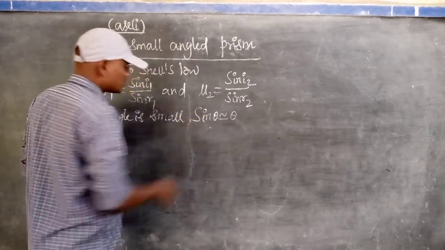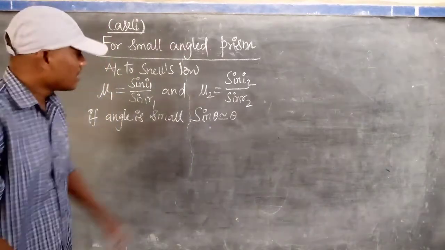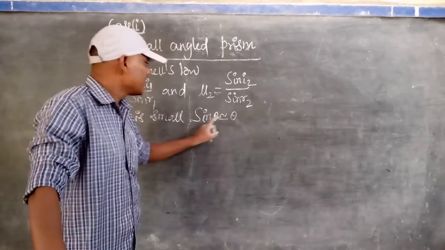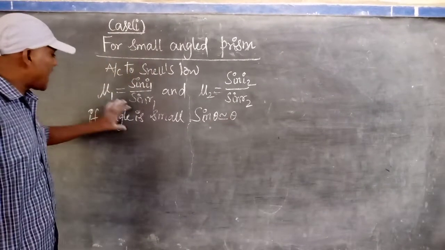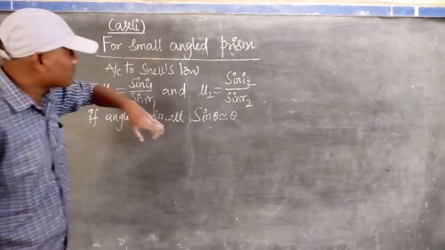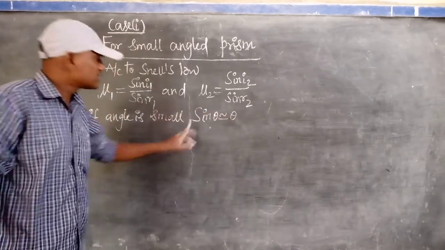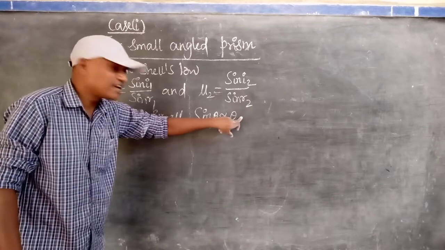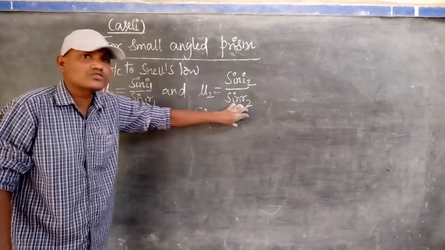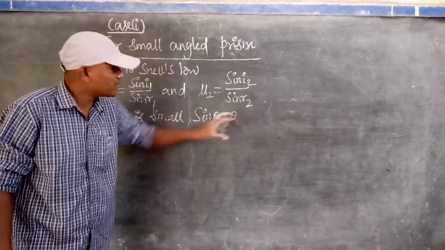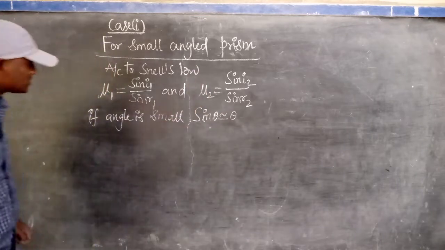For example, sin 0.1 is approximately equal to 0.1, which is the angle. If the angle is small, the sin theta value is equal to theta. Sin 0.1 is nearly equal to 0.1, and 0.1 represents the angle. That's why sin theta is approximately equal to theta.